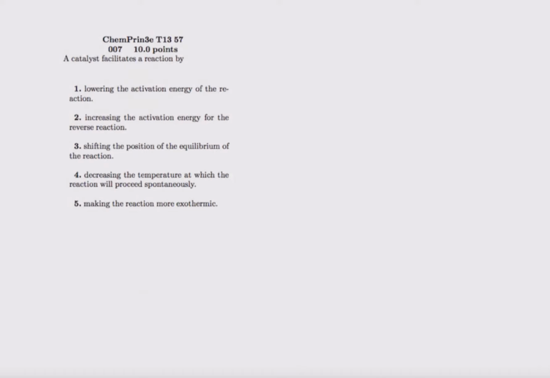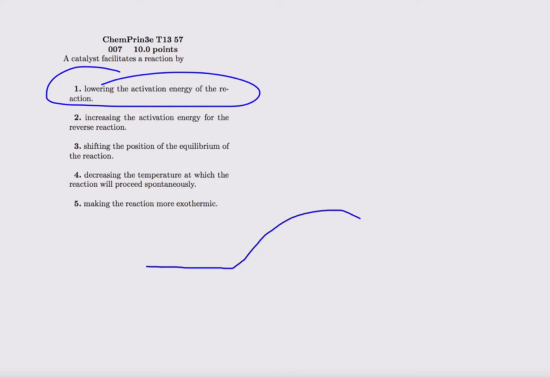How does a catalyst work? A catalyst helps a reaction along by lowering the activation energy of the reaction. The activation energy, again, is this: you start out with the reactants, and in order for the reaction to proceed, the reactants have to collide with enough energy to get over this hump, this hill, and that is called the activation energy.